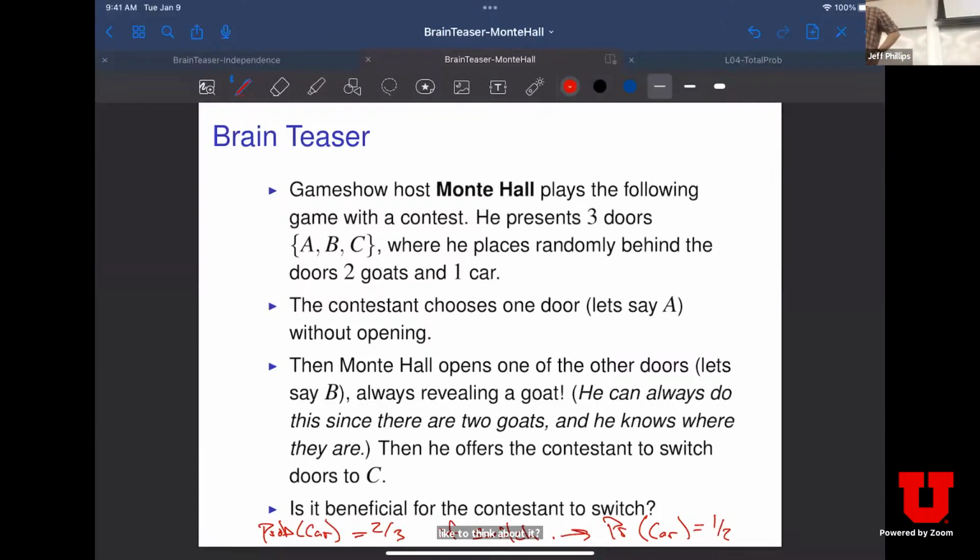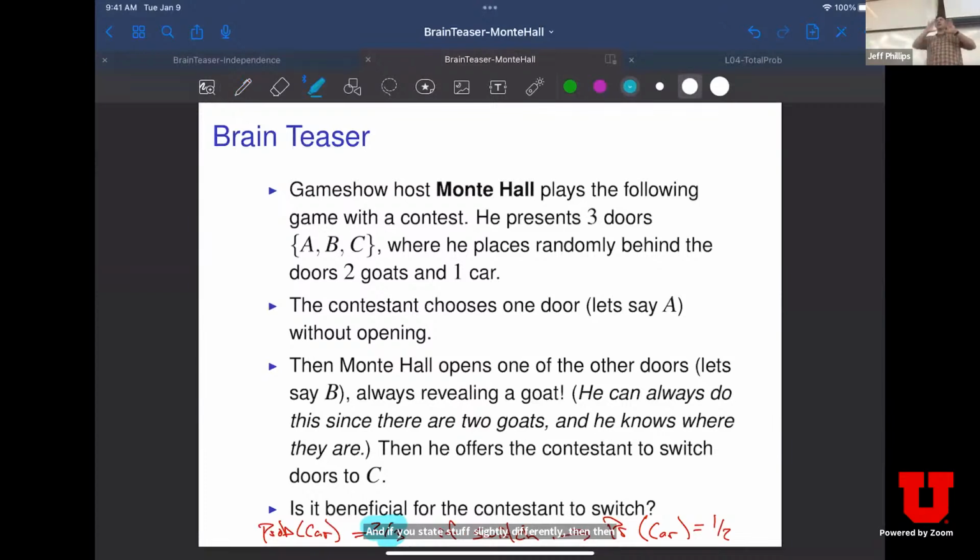Sure, okay, great. This was actually posted in a newspaper, in a question and answer column, and someone who was supposed to be very smart said that the probability of getting the car if you switched was 2/3, and this created a lot of controversy.